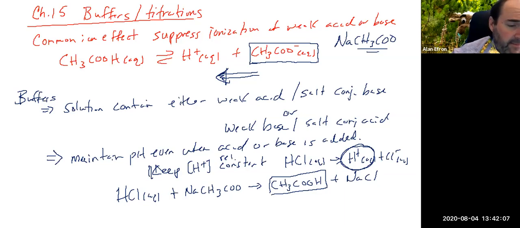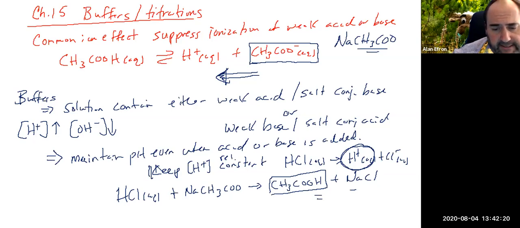That's really important because the H plus concentration and the OH minus concentration, as we talked about last time, are inversely related to each other. So as one goes up, the other goes down, which means when we add the acid to the buffer, we do not produce any more free H plus, which means the relative concentration of H plus remains the same, and thus the pH will not jump very high.